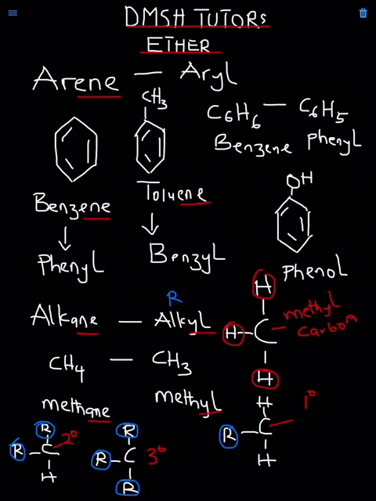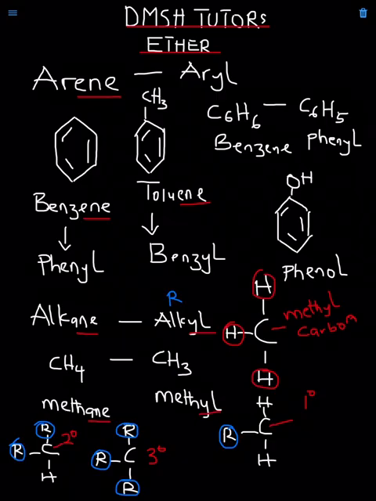You can also say that tertiary carbons are substituted carbons. They are more substituted than secondary carbons. What do I mean? The meaning is that their hydrogens have been replaced by an alkyl group.